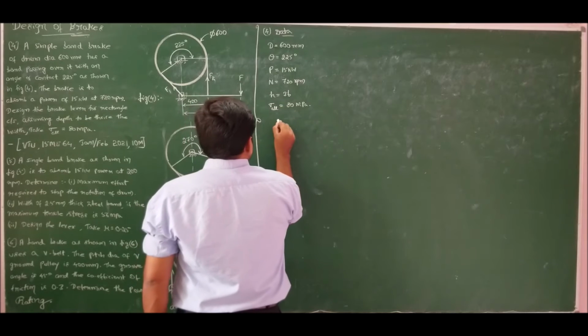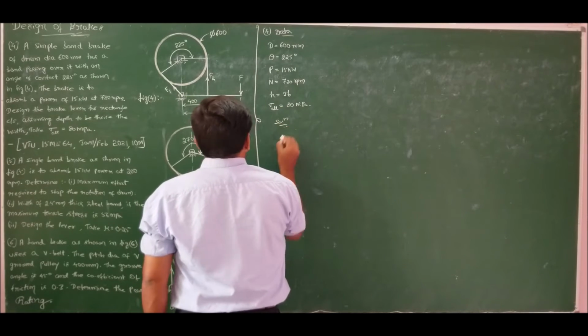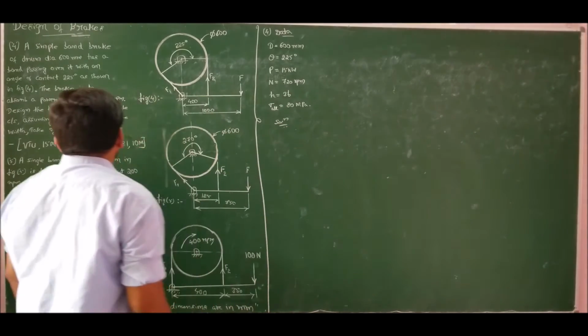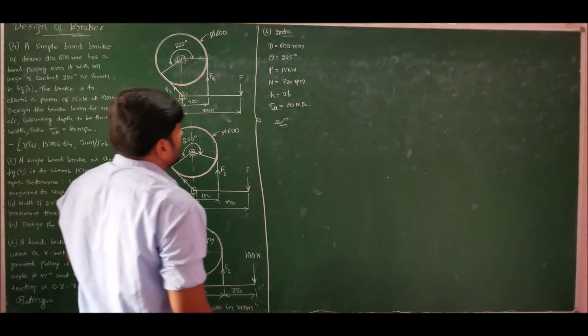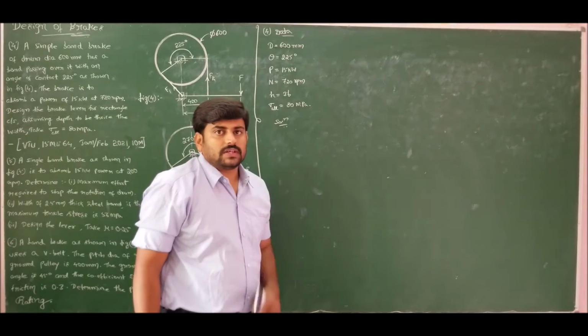Now moving to the solution of this problem. Whenever we have a problem on simple band brakes, you should directly move to the data handbook, referring to page number 270.